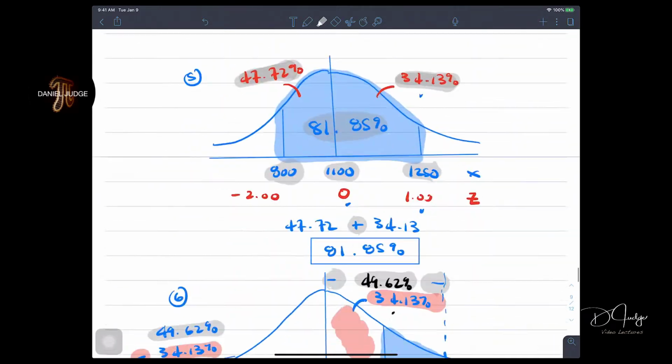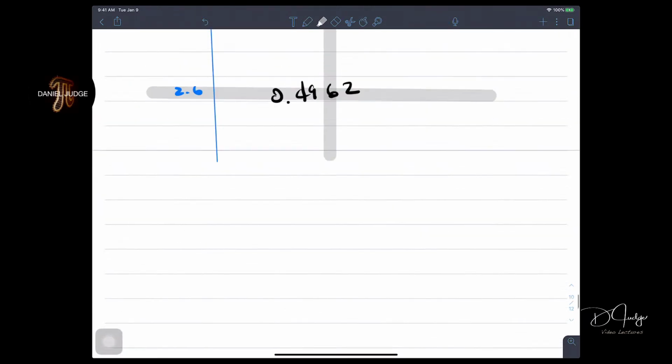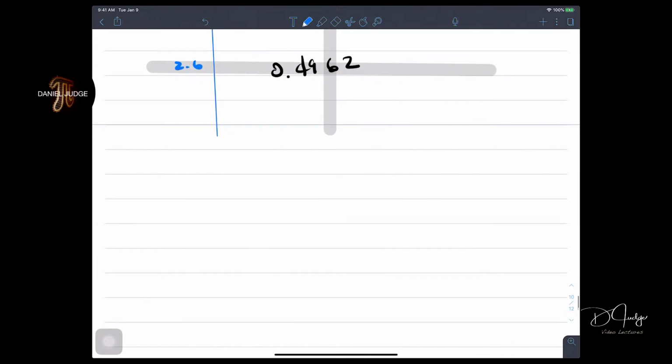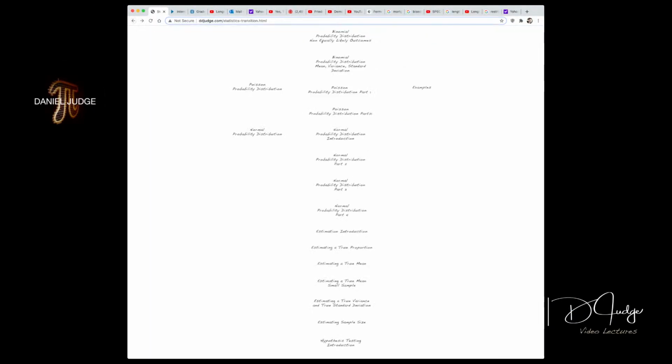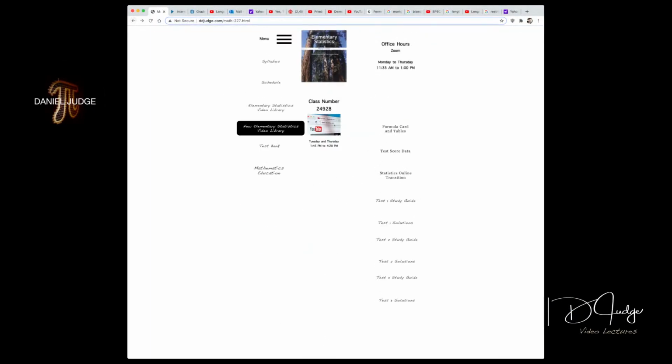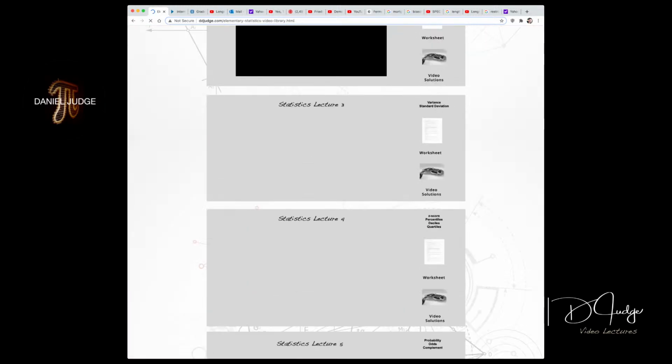All right. So what I'm going to do now is this, ladies and gentlemen. I'm going to actually go through your book and give you some bookwork and web work. So we have some web work and book work. And if we go to the browser, remember we're looking at Statistics Lecture 12.